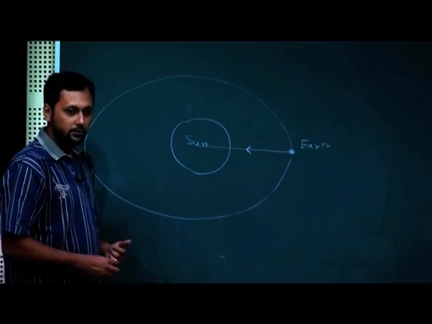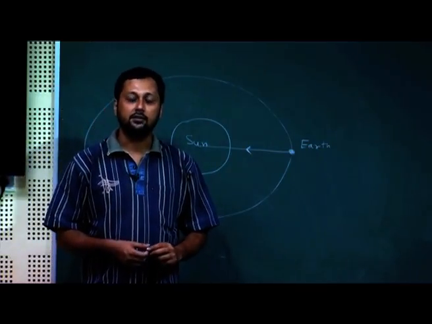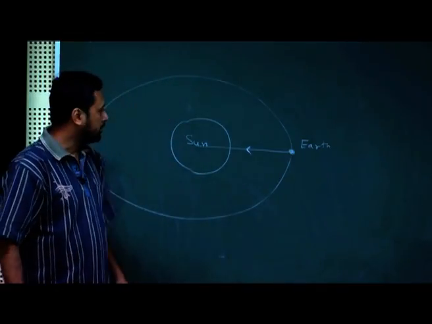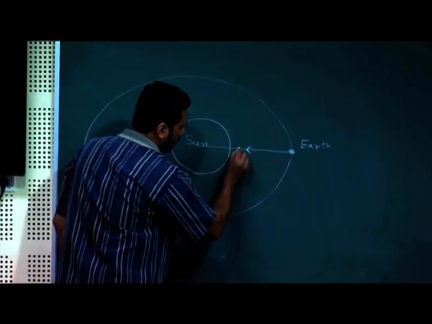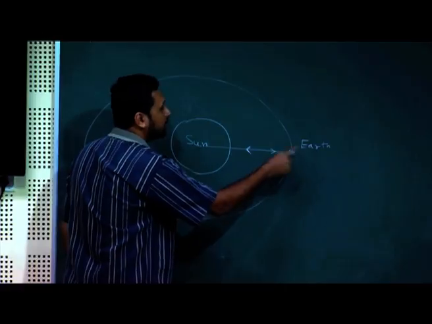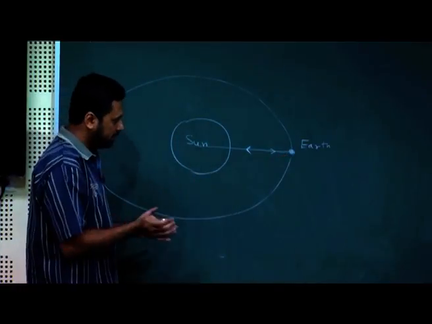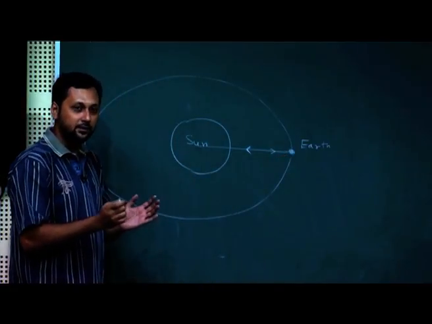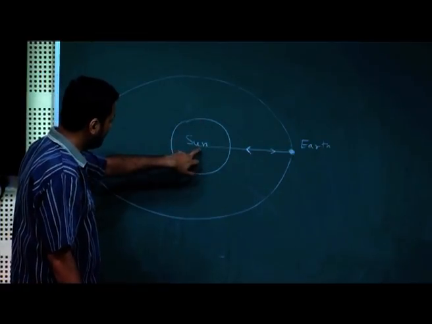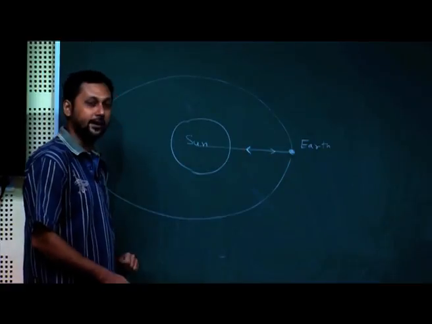Now, we have to systematically check whether this is a valid assumption or not, because although very small, this force of attraction which the Sun experiences due to the presence of Earth or any other planet, combining all the planets, is also not very small, and there is a good chance that the Sun's position is also shifting just because of these interactions.